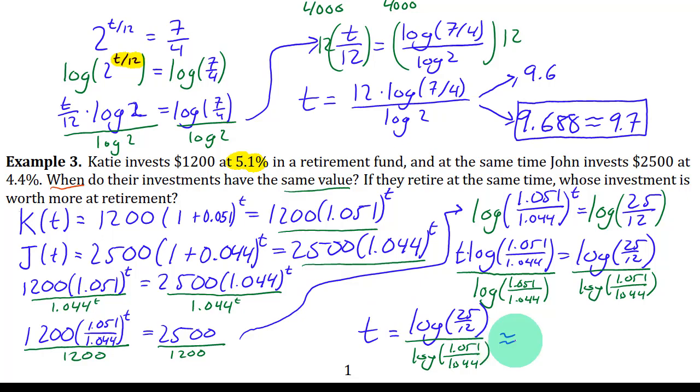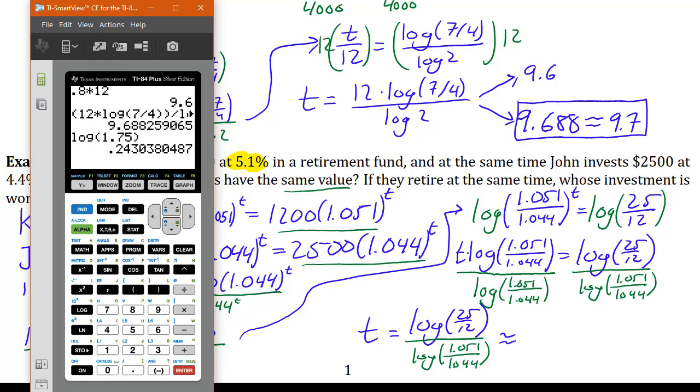And now I'm going to plug it all into the calculator. Log of 25 over 12 divided by log of 1.051 divided by 1.044. And we get 109.83.